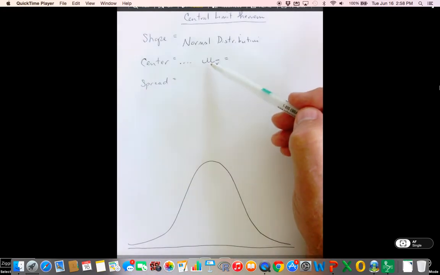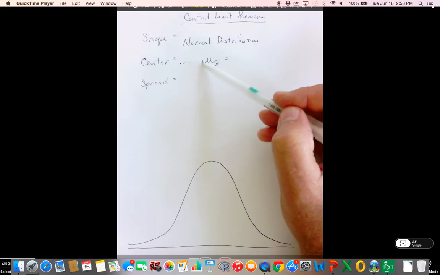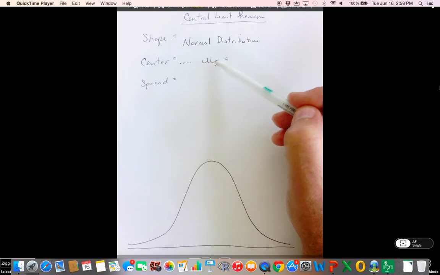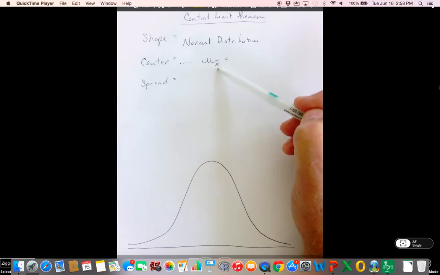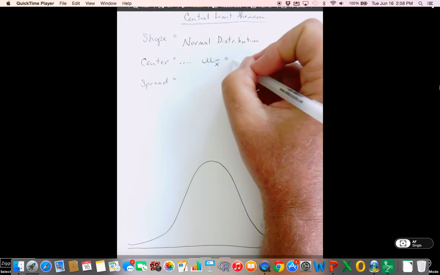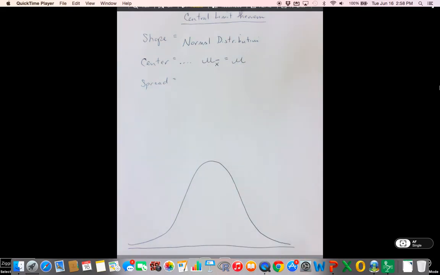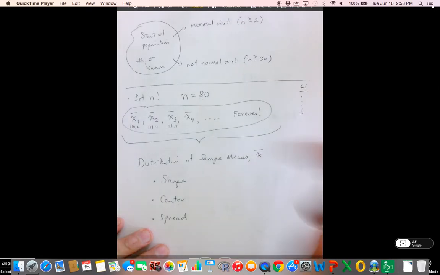So to let that notation be appropriate, we would say that we want the population mean of the sample means. Well, guys, it turns out that it's exactly what we started with back when we defined our population that we were dealing with. It's that value right there that's known.